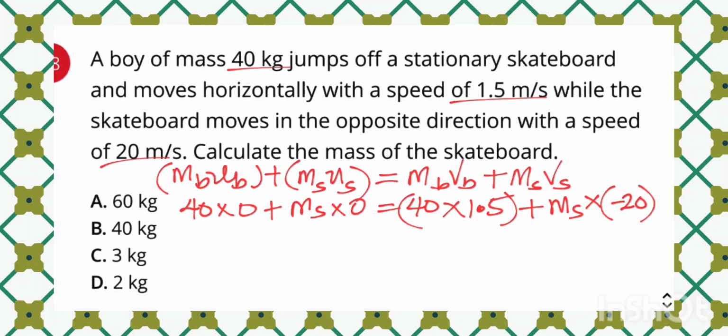Negative 20 in the sense that the skateboard moves in the opposite direction. So that's why we have negative 20.